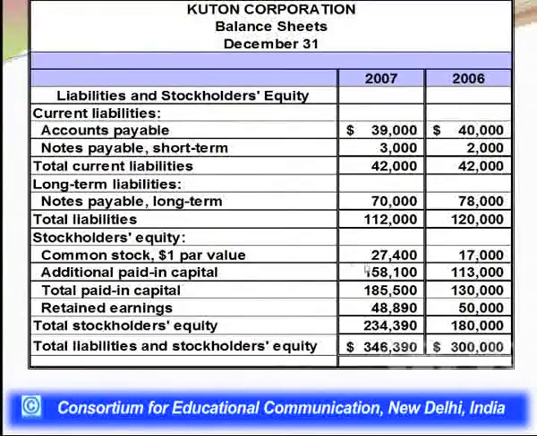The total paid up capital, which comprises these two things, 27,400 plus 158,100, gives you the value of 185,500, and the total of these two rows for 2006 gives you the total paid up capital of 130,000.